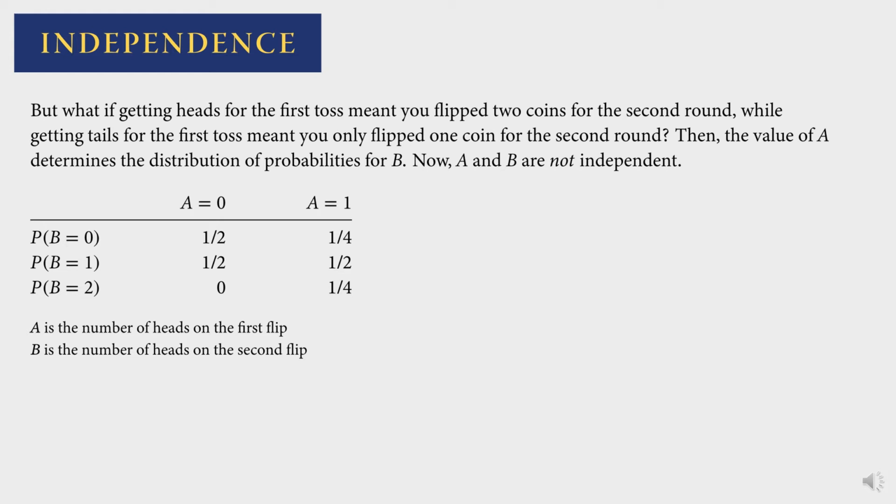Now, the outcome of A affects the probabilities of the outcomes of B. If you get tails on the first flip, A equals 0, and the probabilities for B are like this. But if you get heads on the first flip, the probabilities for B are in this other column. Thus, A and B are not independent.